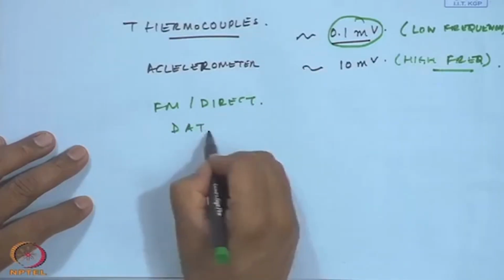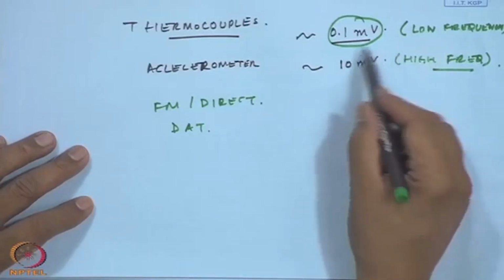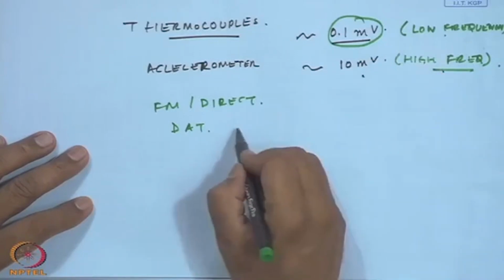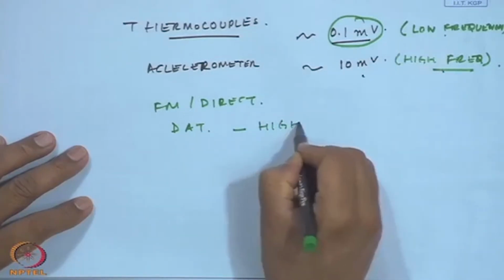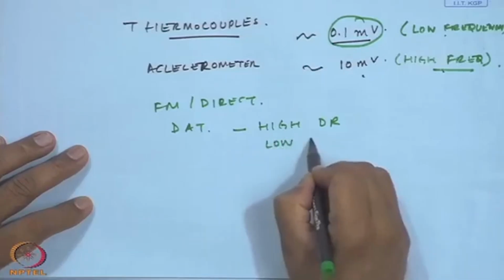But with a digital audio tape, you could record such low signals at low frequency as well as high values at high frequencies, because they have a high dynamic range and a low noise floor.